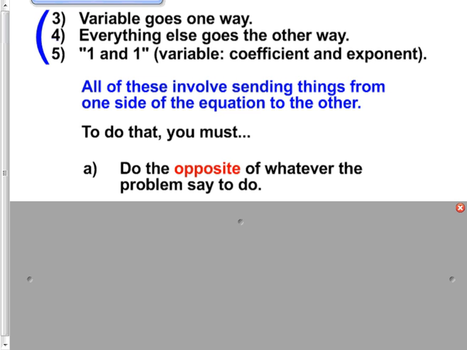By subtracting it, you counteract the addition. Okay, same thing. If you have something that is being multiplied and you want to stop it from multiplying, you must do the opposite of multiplication, which is division. Multiplication and division will cancel each other out.